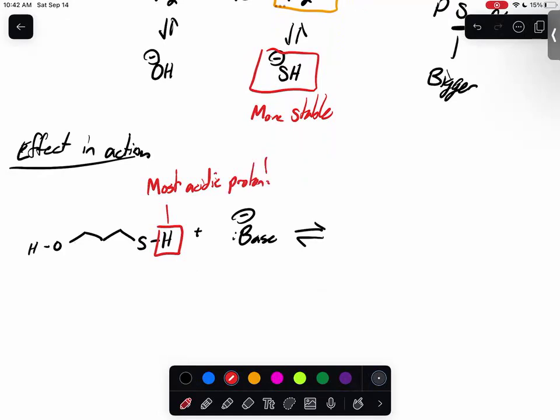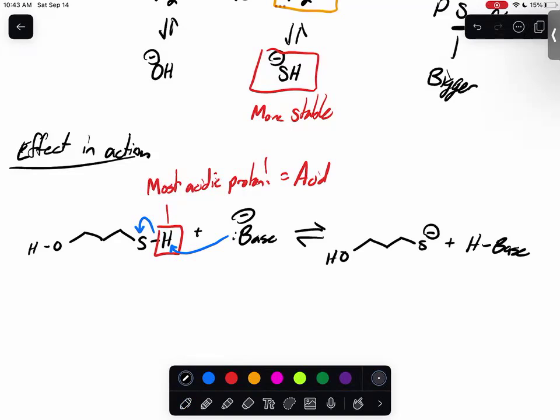And if it's the most acidic, that means it's going to act as the acid. All right. So when our base comes in and grabs a proton, it's going to grab the one from the sulfur, which means that it's going to push some electrons back to the sulfur, and we're going to end up with a negatively charged sulfur. And our base will be happy because it got a proton.